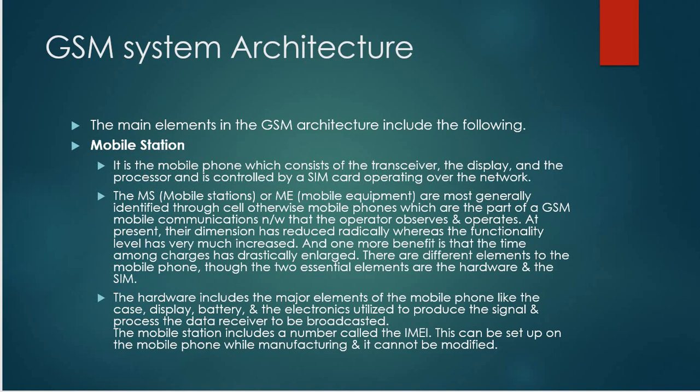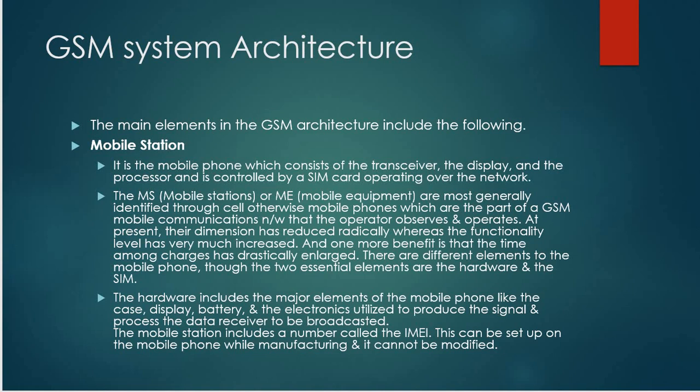At present, these dimensions have reduced radically, whereas the functionality level has very much increased. And one more benefit is that the talk time has drastically increased. These are different elements of the mobile phones.